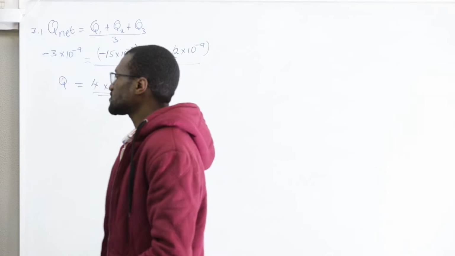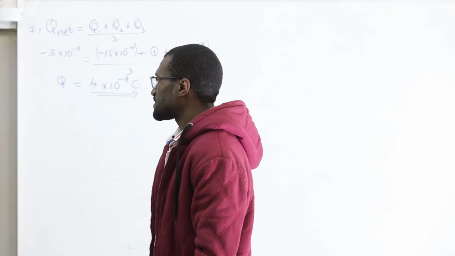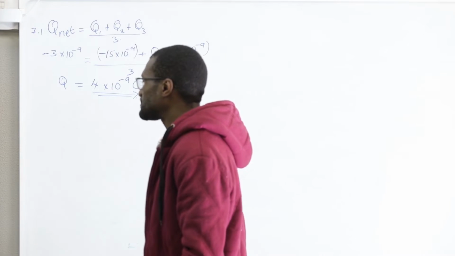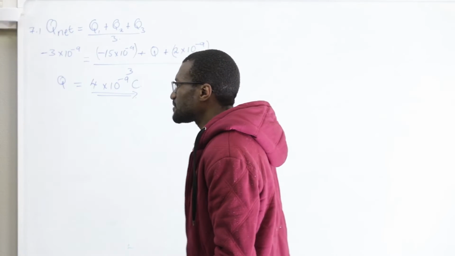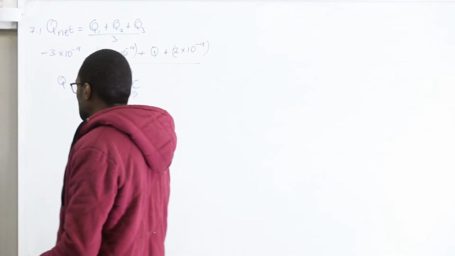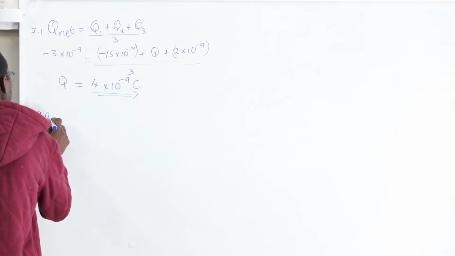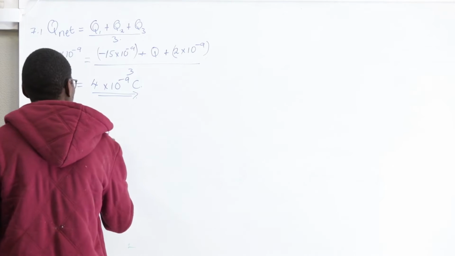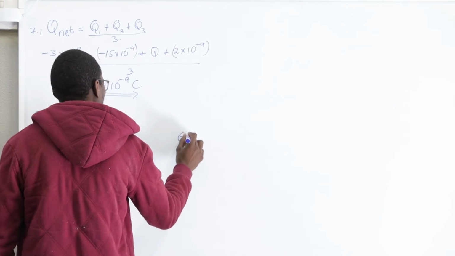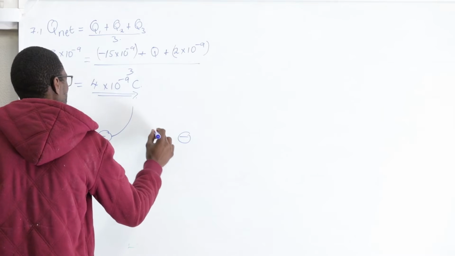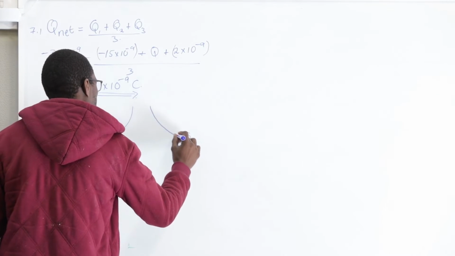Now the next question says draw the electric field pattern associated with the charged spheres S and T after they are separated. So what do we know about S and T? After they are separated, both of them have a negative charge. And we know that negative charges repel each other.